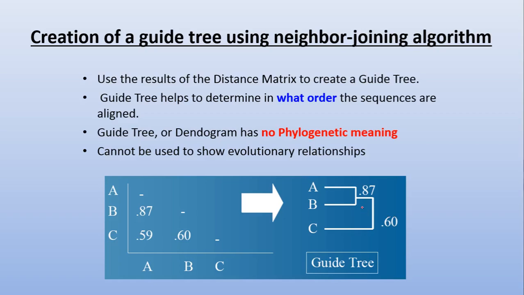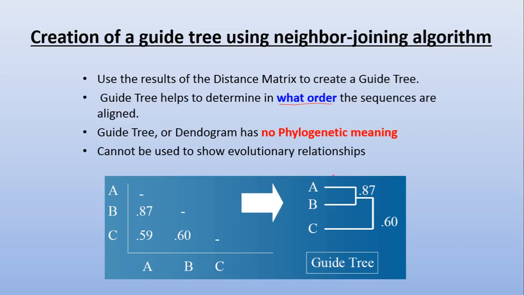Next, once we have obtained this data, we use the results from this distance matrix to create a guide tree. The guide tree would eventually help you determine in what order the sequences need to be aligned. Such a guide tree or dendrogram will have no phylogenetic meaning.